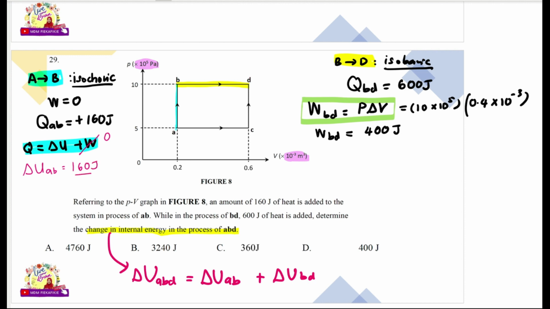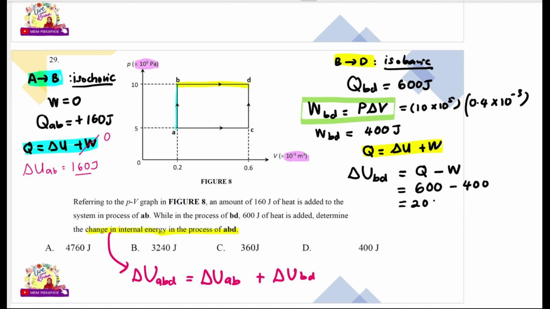Okay. And then for BD, kita pun sama juga. Q is equal to delta U plus W. Okay, saya highlightkan sikit. Sekejap. Therefore, delta U untuk BD is equal to Q minus W. Q dia tadi berapa? 600 minus 400.